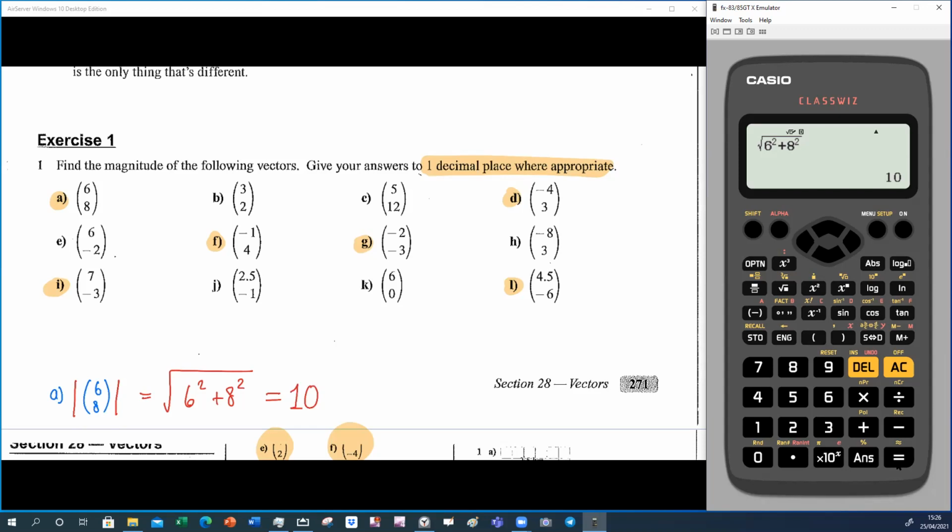Okay, magnitude is the length. Now, because we're doing stuff on grid paper and we're not exactly given values, it's a centimeter grid paper or whatever, this is probably one of the circumstances where we don't put a unit next to a length. So the number 10 is the length, the size of the vector, but we just say it's 10. We don't say it's 10 centimeters or 10 meters in this particular instance when we're doing magnitude of vectors. We just have a numerical value.